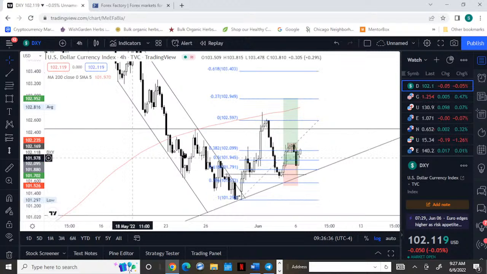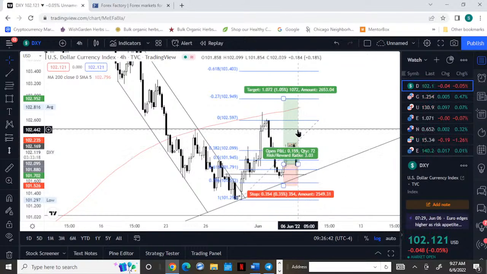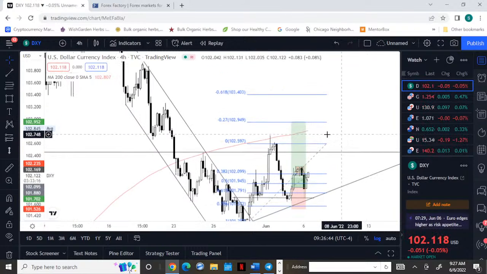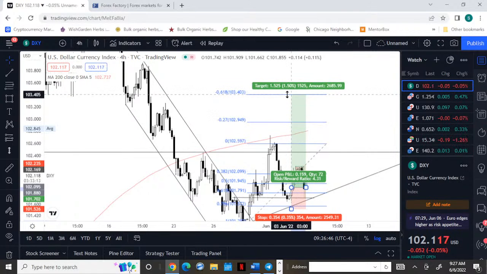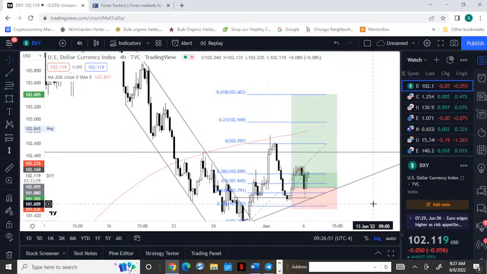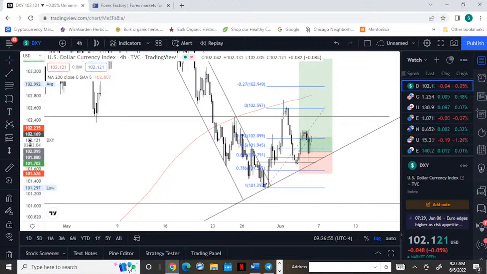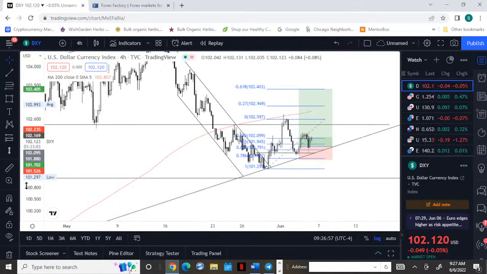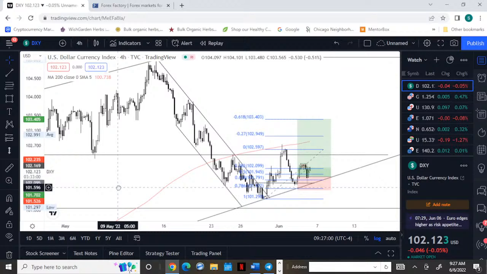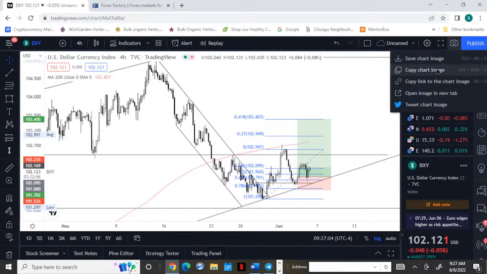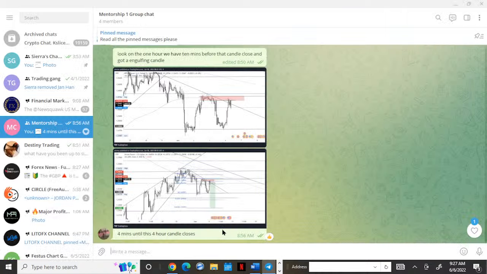Definitely want to see price break and retest this zone. But for now, I'm going to keep TP up here at the 618 on the fib. I'd like to take before and afters, put them in my chart gallery.